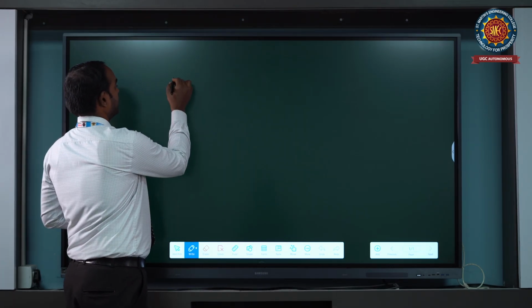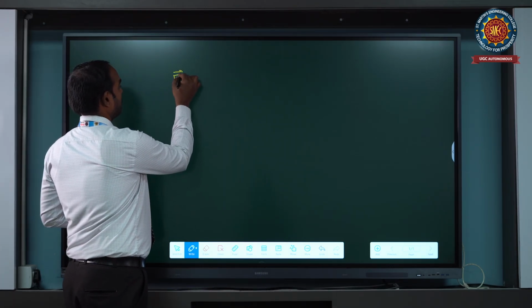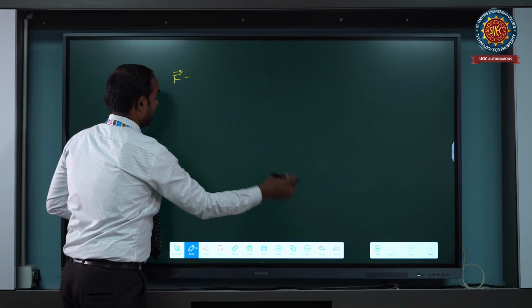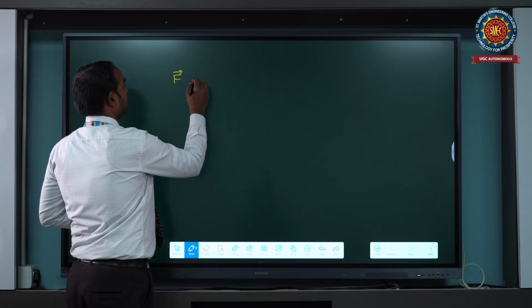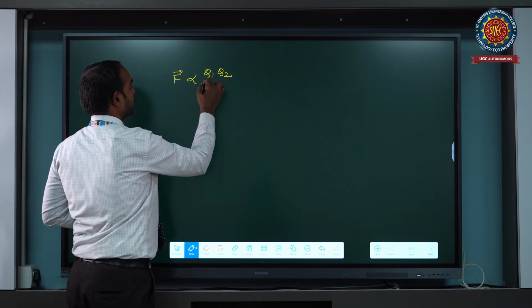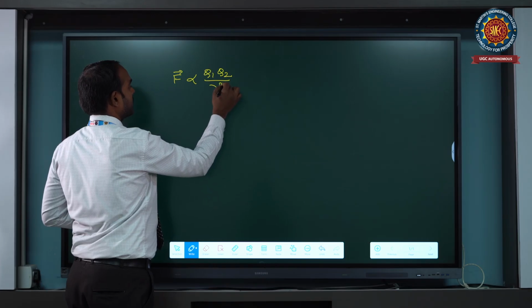Mathematically, we can write F bar is equal to, here, the electric force between two points is directly proportional to the product of the charge magnitudes and inversely proportional to the square of the distance.